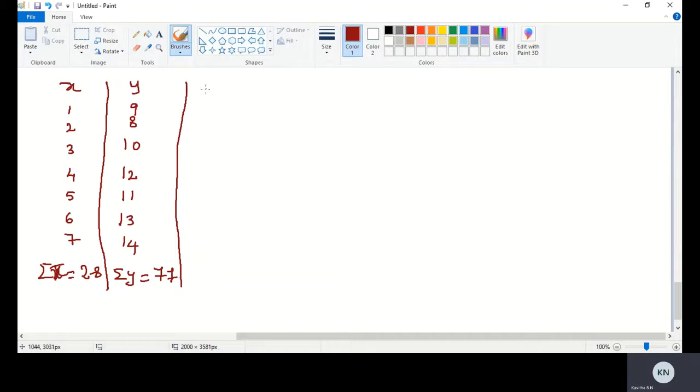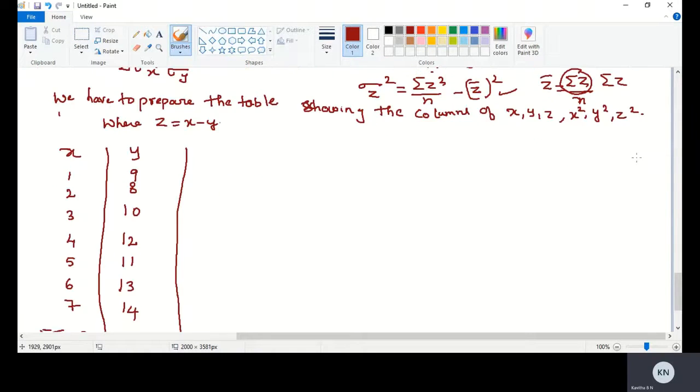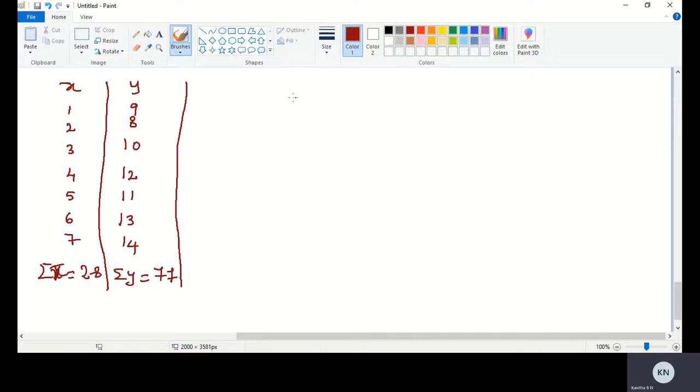Okay. Then observe the formula again here. Summation of z we need to find. Here z value is not given. Means z is nothing but x minus y. X minus y means 1 minus 9, it's minus 8. 2 minus 8 is minus 6. 3 minus 10 is minus 7.